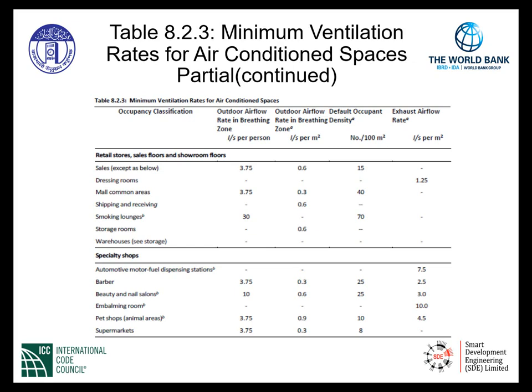So as we look into these categories and the values in the table, we should be familiar with how to pick the values from the table and then utilize them in upcoming equations to calculate the total amount of outside air required for the zone.